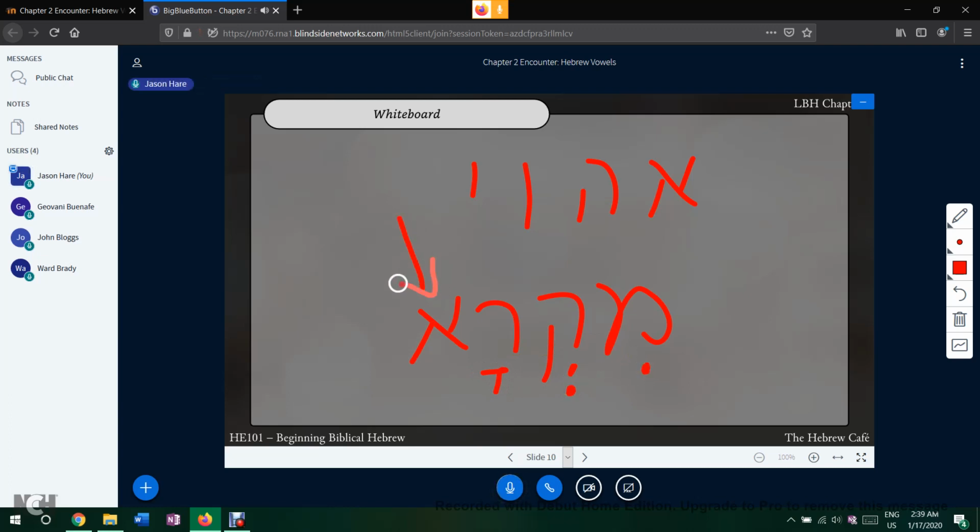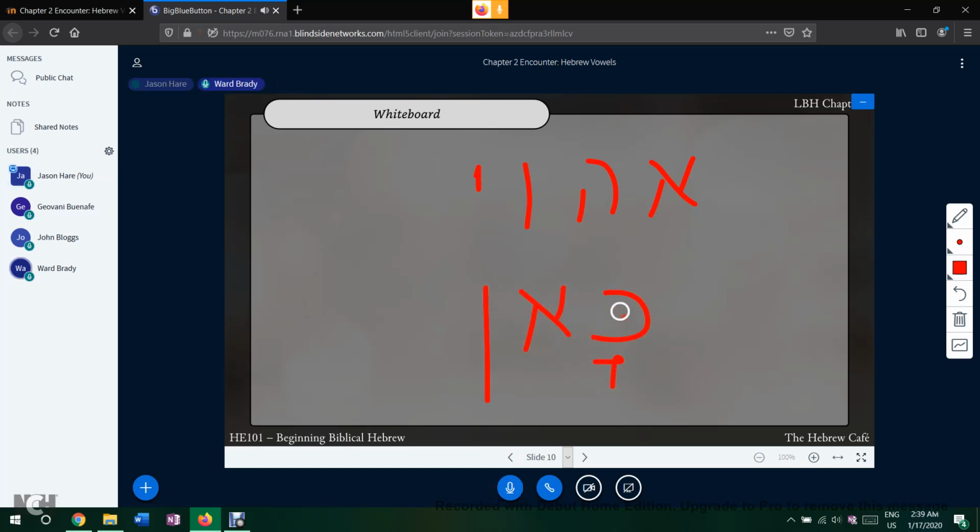The aleph on the end is not a consonant in this form, right? Sometimes it will appear, like in the word kan, which is actually a later form from the Dead Sea Scrolls and on, but it means here, kan. The aleph here is just indicating a vowel. It's not a real consonant.